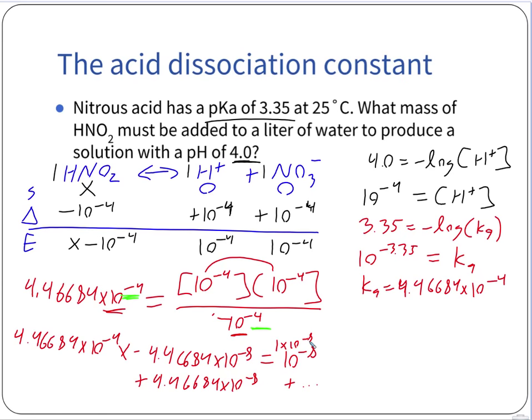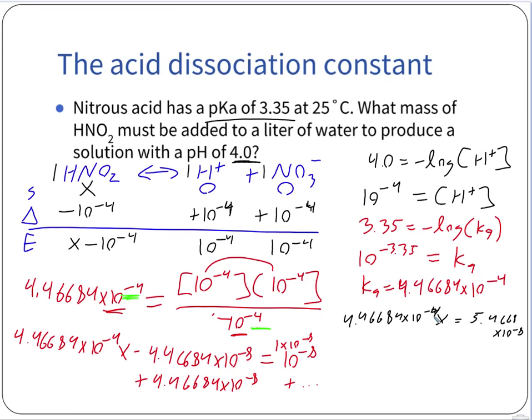So in doing this, we end up getting 4.46684 times 10 to the negative fourth x equals 5.4668 times 10 to the negative 8th.